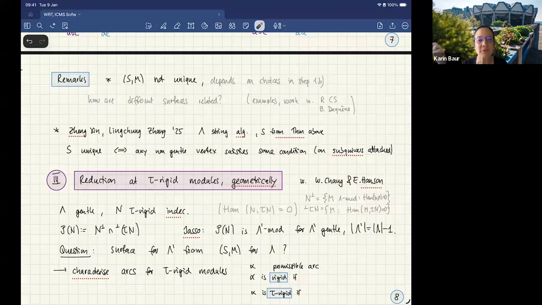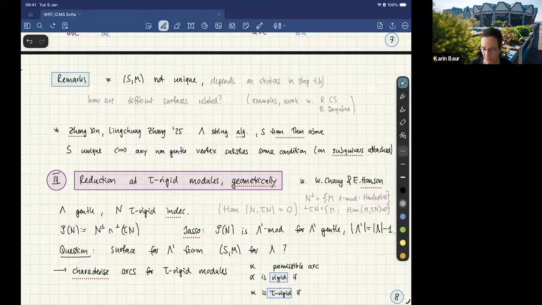So to do that, we had to figure out what exactly the tau rigid modules correspond to in the surface. So we want to characterize the arcs for tau rigid modules. Again, we take a permissible arc. It should never cross non-adjacent arcs of a tile.